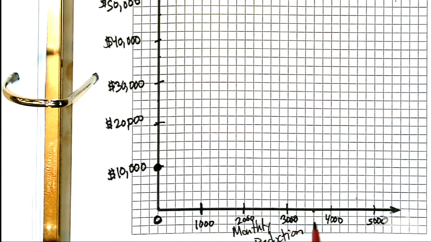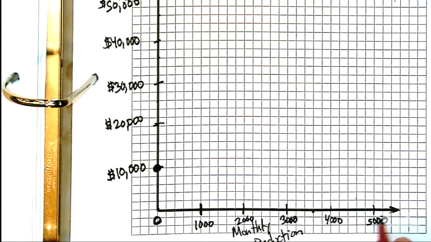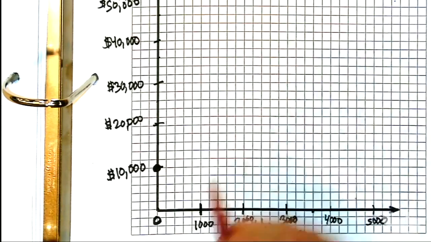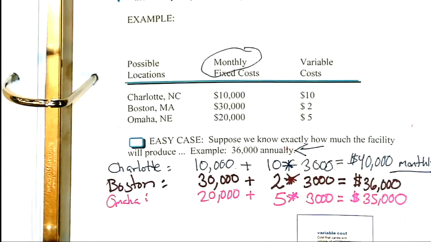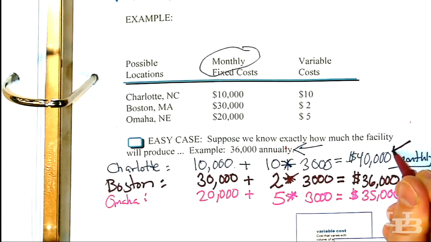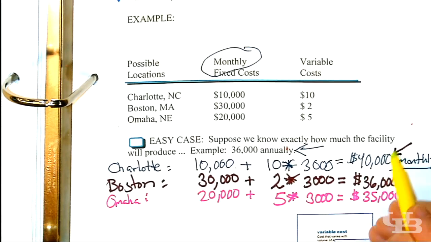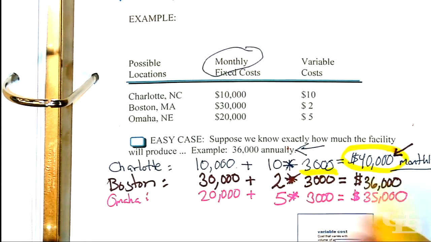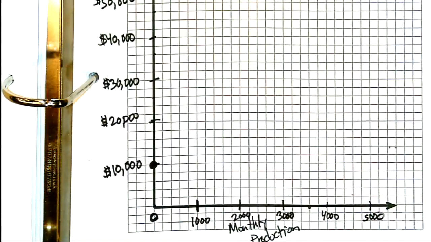Now, I just need to know what the exact monthly cost of Charlotte would be for some other production level, and then I'd have my other point. You could test 1,000 or 4,000 if you wanted to, but actually we have a reading over here, right? From our work before, we had determined that if the production level was 3,000, the monthly cost would be 40,000. Just chart that.